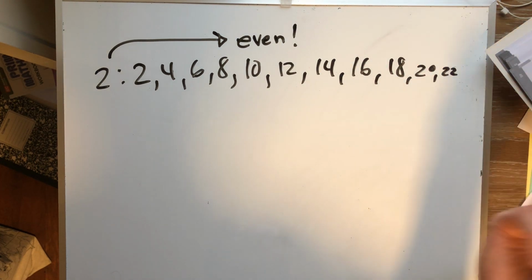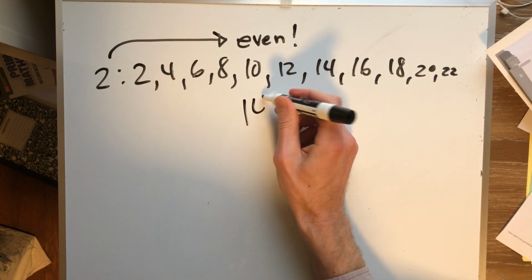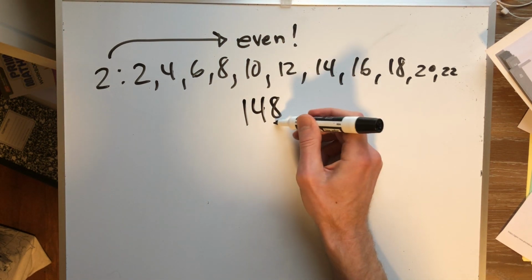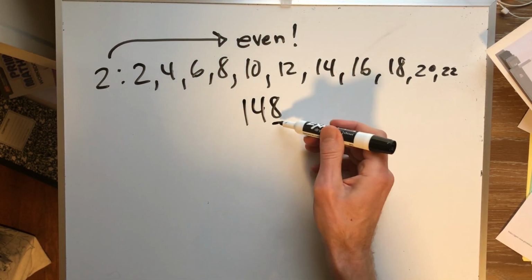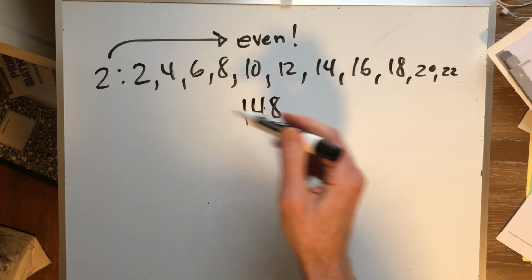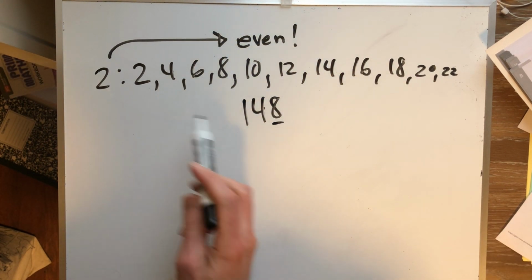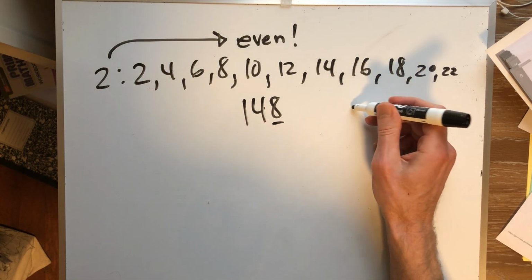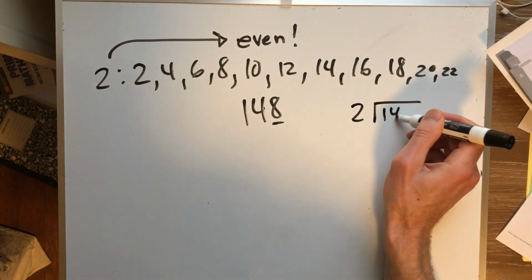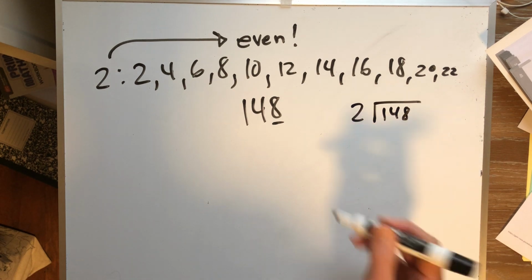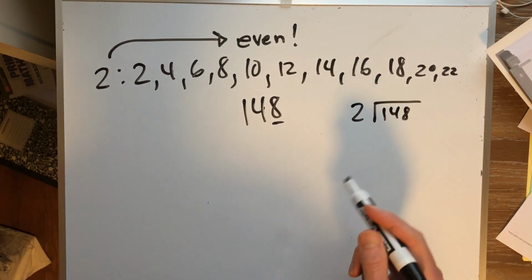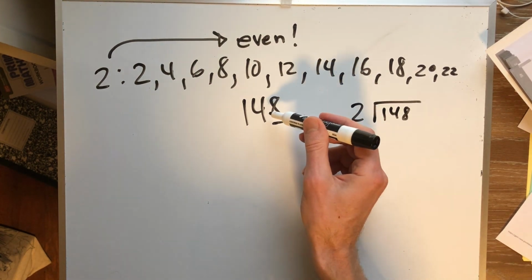So any number that's even, so if I look at a number like 148, that's even, right? Because if you want to know if a number is even or odd, you look at the last digit. Even, that means 2 goes in it. I'm not sure exactly how many 2s fit in there. If I wanted to, I could figure it out by doing long division, or I could count on my hands, or I could just halve it.